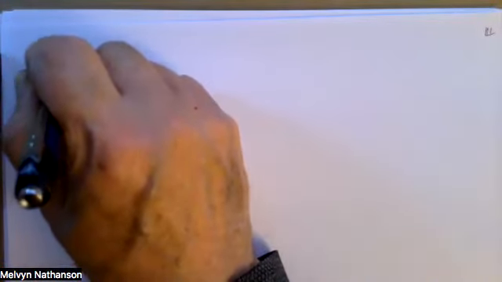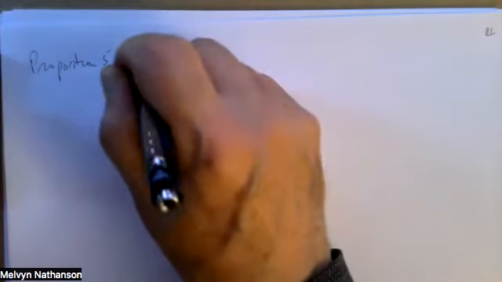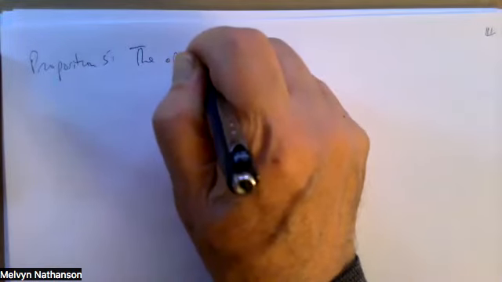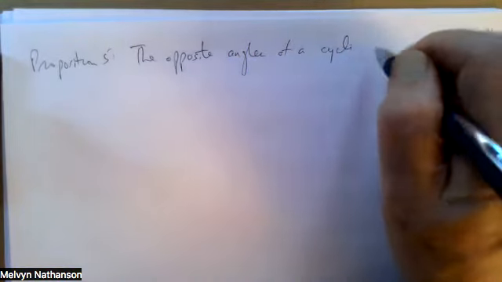And then the last proposition that I will prove today is proposition 5. The opposite angles of a cyclic quadrilateral sum to two right angles.